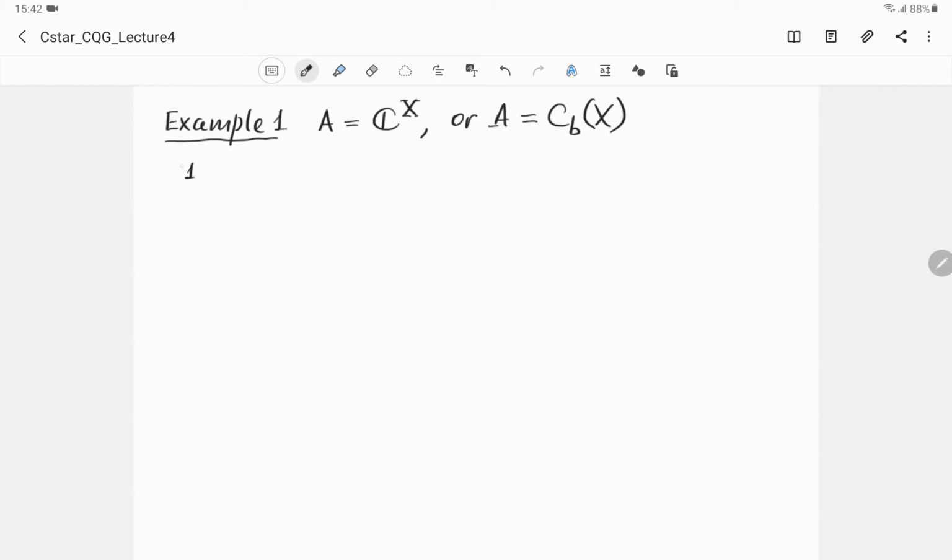Then an element, that is a function f in our algebra, is self-adjoint if and only if it is real everywhere.